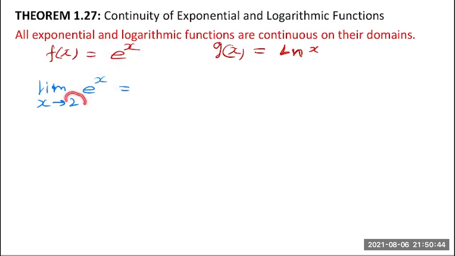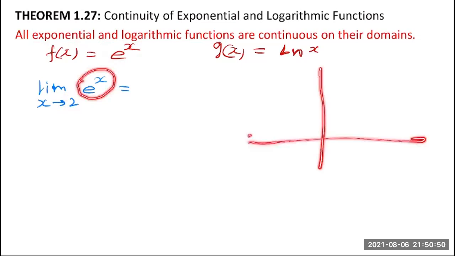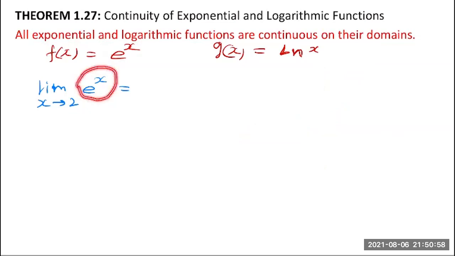Notice that this number is in the domain of e to the power x, because the graph of e to the power x looks like this. So 2 is in the domain of that function. Since this function is continuous on its domain, to find this limit, all I have to do is plug in this number in the function. That will immediately give you the limit, e to the power 2.